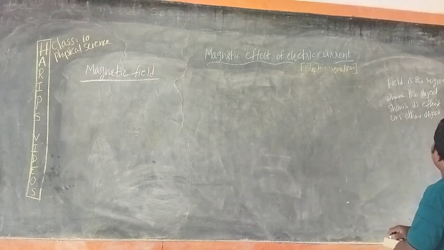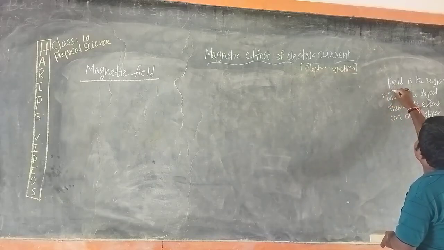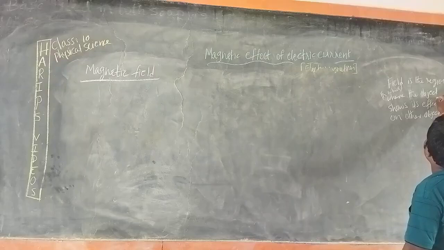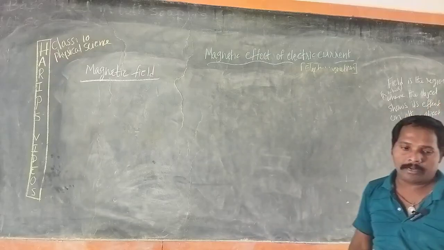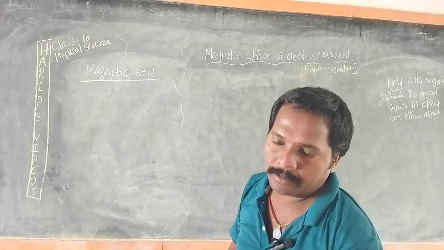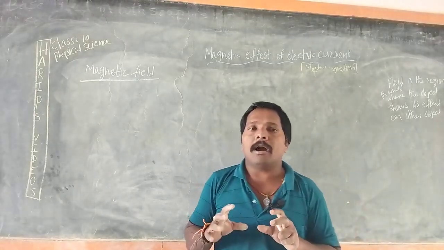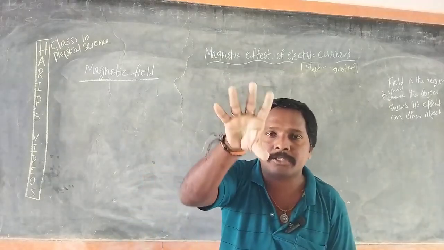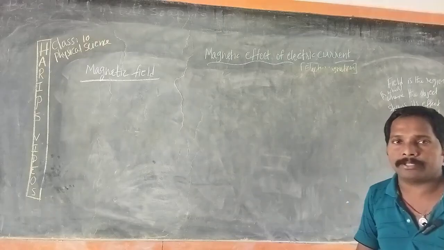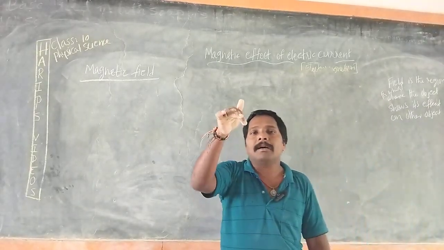Field is the region where the object shows its effect on the other object. Simply, we show our effect within a particular place only. That particular place we can call the field.